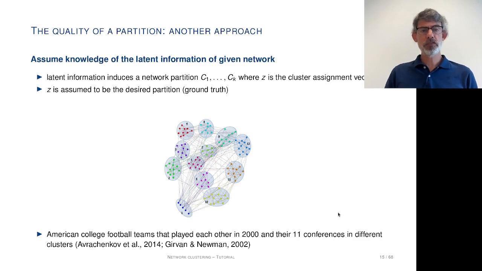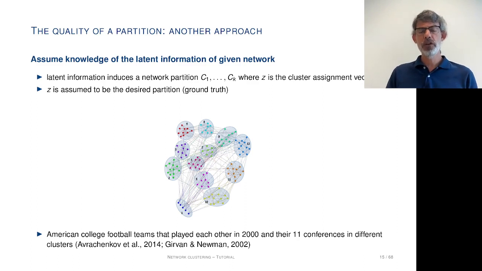Z is going to be assumed to be known and is going to be assumed to be the desired partition, the ground truth. So what my algorithm should do is try to find this particular partition given by this ground truth. So here's an example of a network of colleges, universities in the United States, and games of football played between universities.